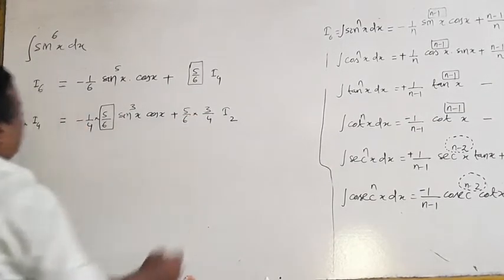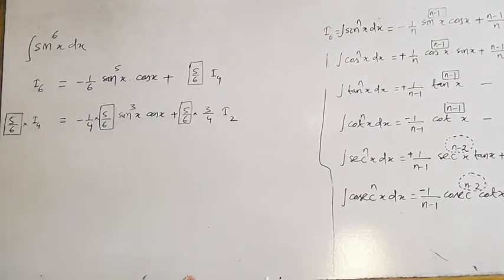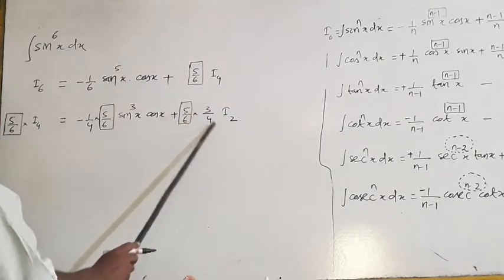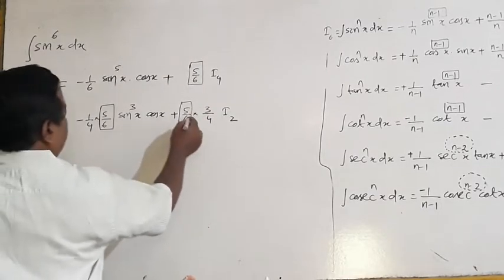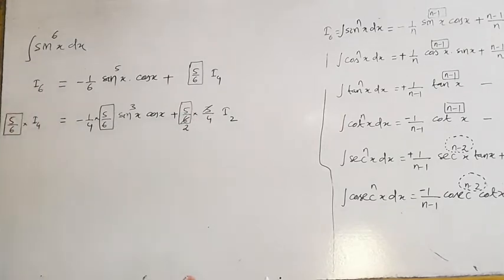That's why I am giving a gap. Now tell me, what is the result? The result is 5 by 6 into 3 by 4, you cancel, it is 5 by 8.